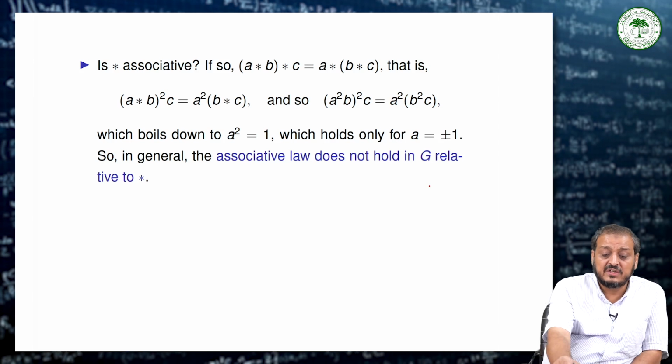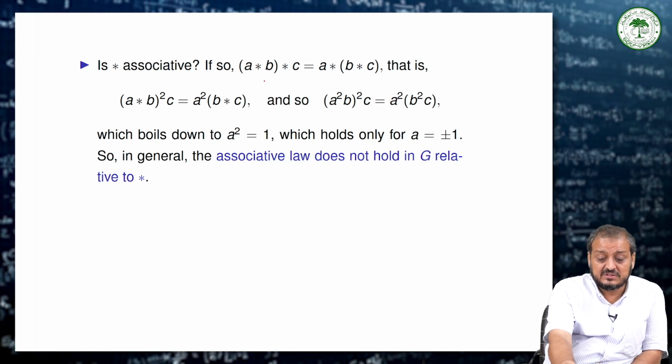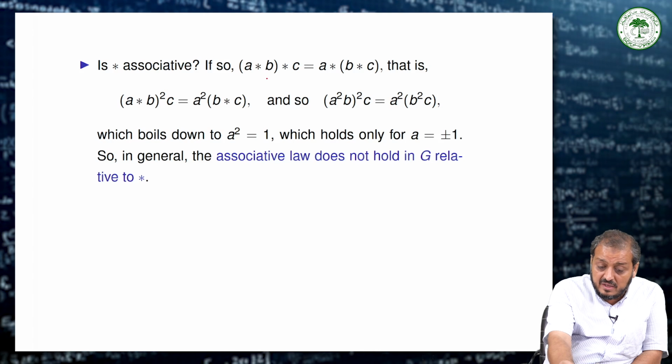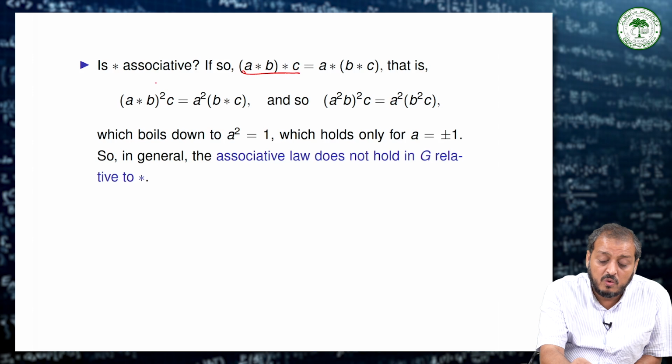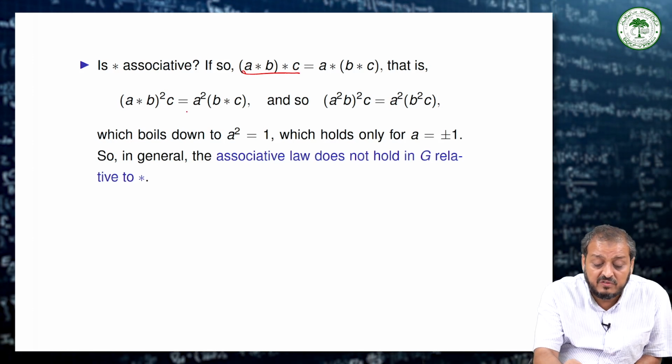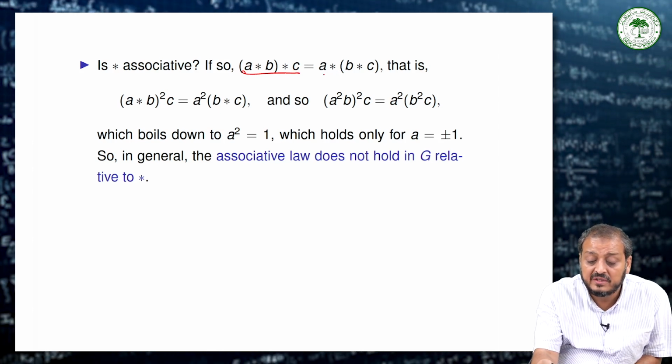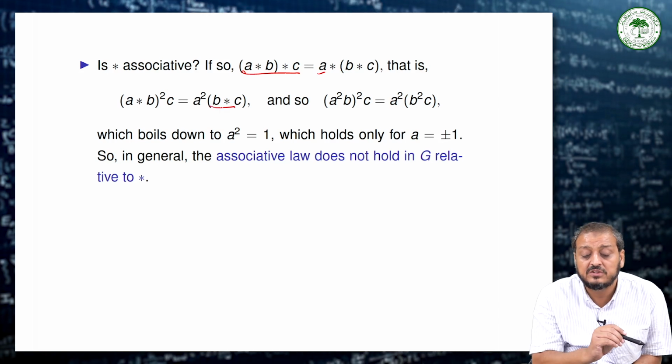That is, a star b, we have to apply the definition in this set, so (a star b) whole square into c, and on this side, a square into (b composition c).